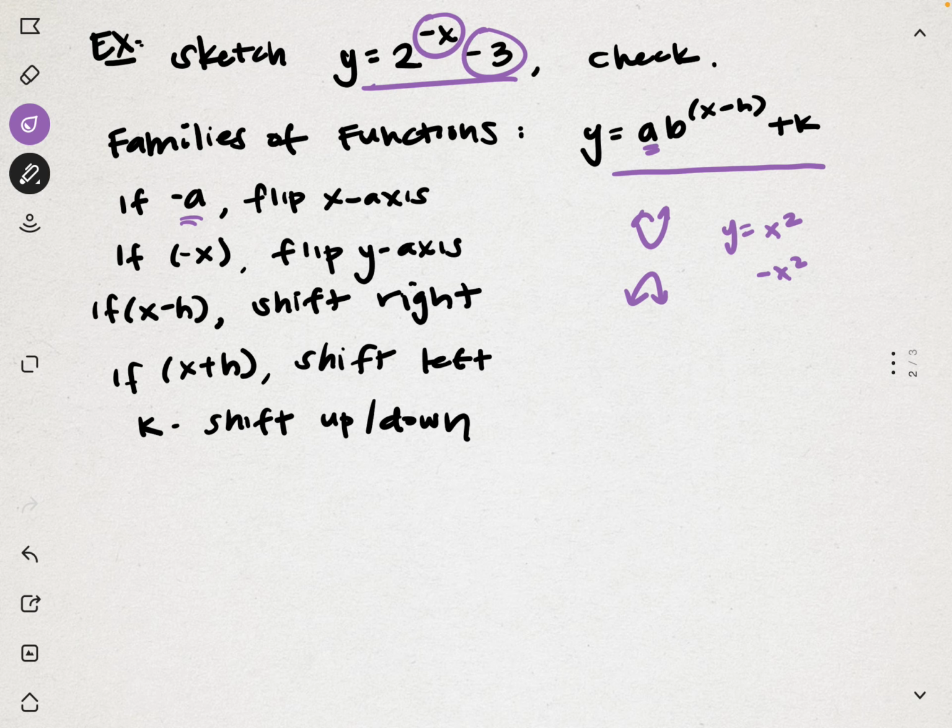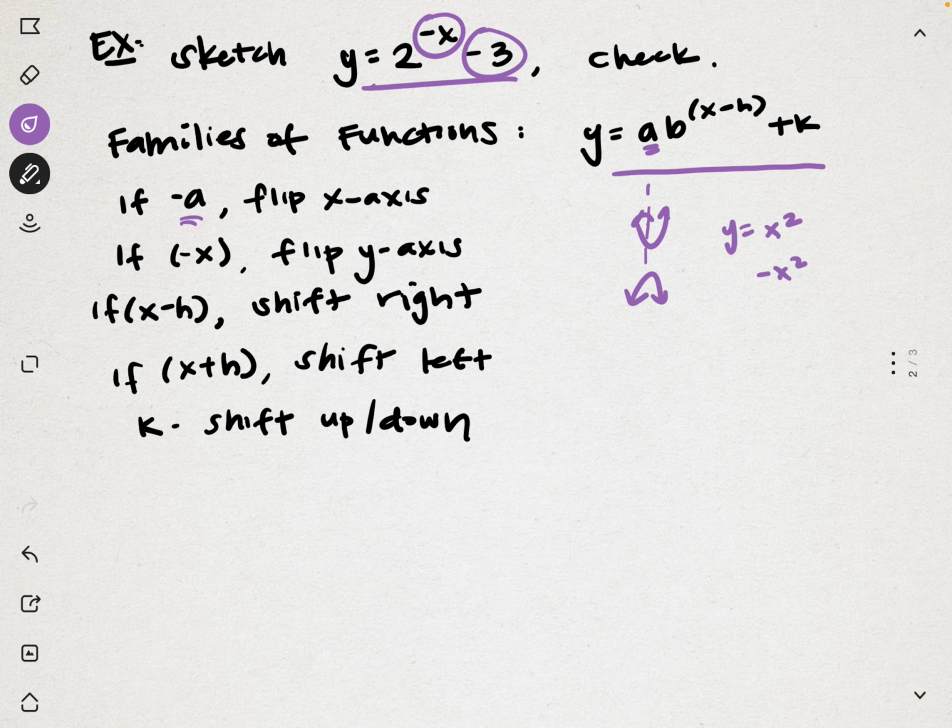Something that we didn't encounter in quadratics is if we have a negative x, and that's because if we flip our quadratic over the y-axis, it's the same thing, right? Because it's symmetrical, it's the same exact parabola.